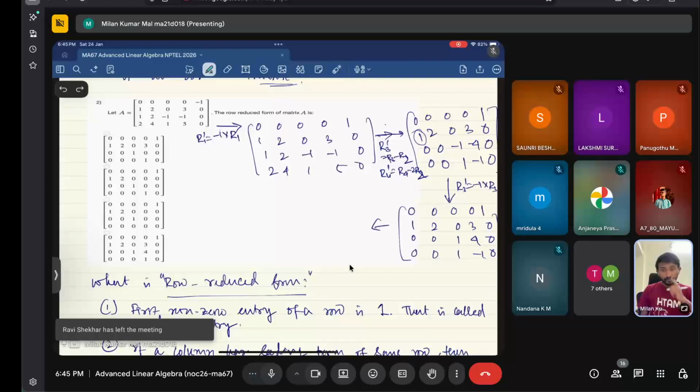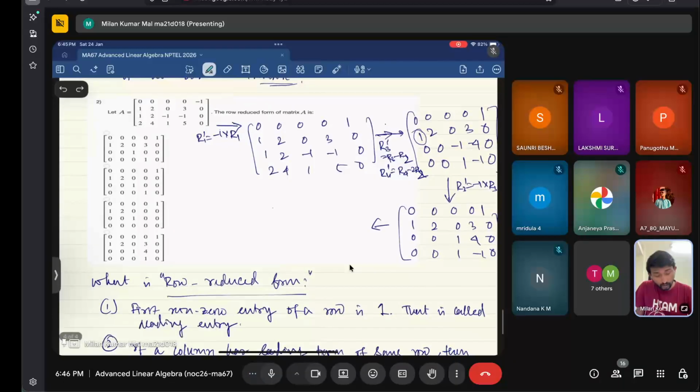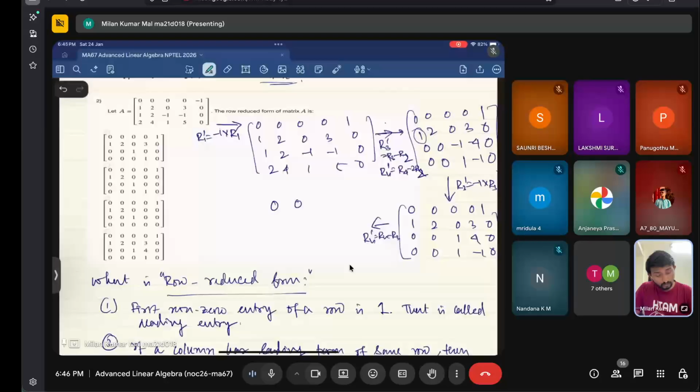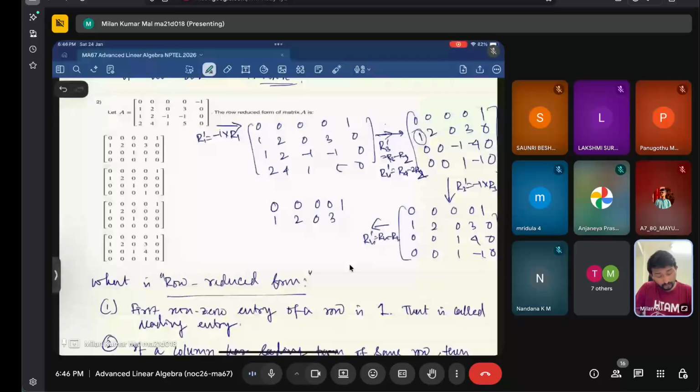Then we'll get 0, 0, 0, 0, 1, 1, 2, 0, 0, 0, 3, 0, 0, 0, 1, 4, 0, 0, 0. If you subtract it, then you'll get 0 here, -1, -5 here, 0 here. But this is what I got. I think I made a mistake.